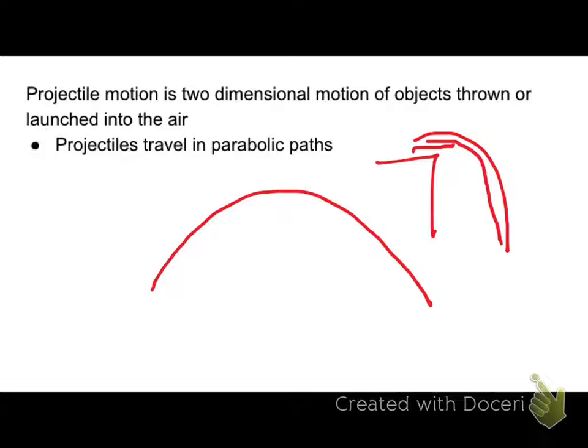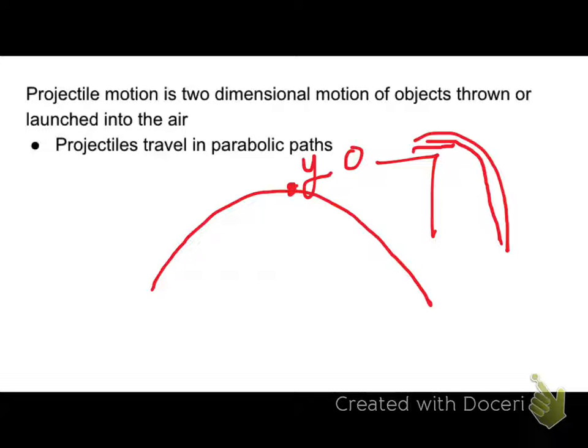And it's important to note that if you're measuring the velocity of an object, like if the velocity vector is your resultant vector, then at the top of the parabola, your y value for velocity would be 0.